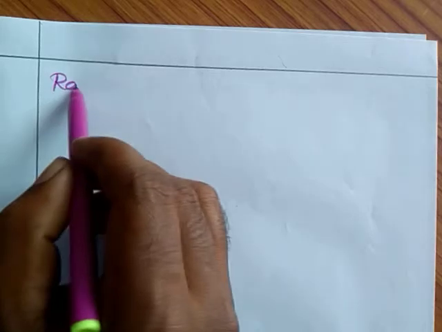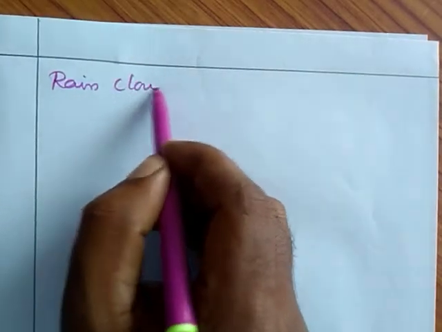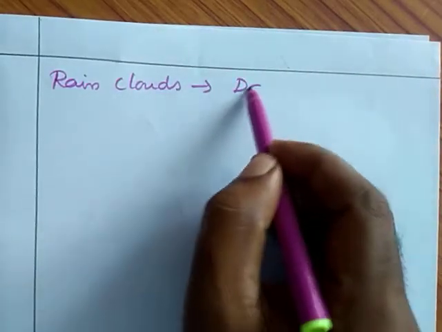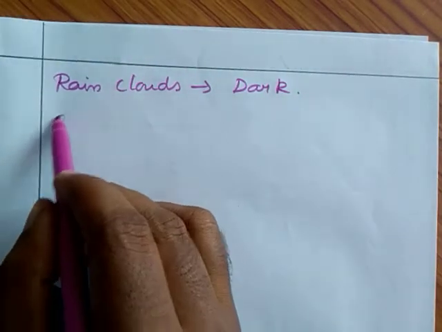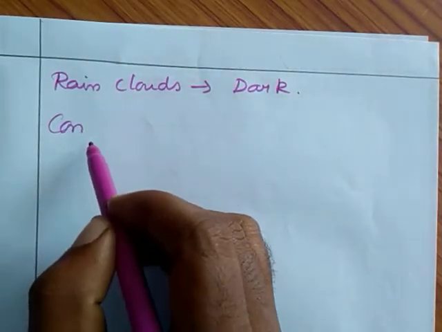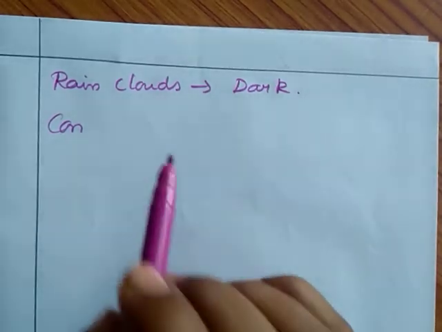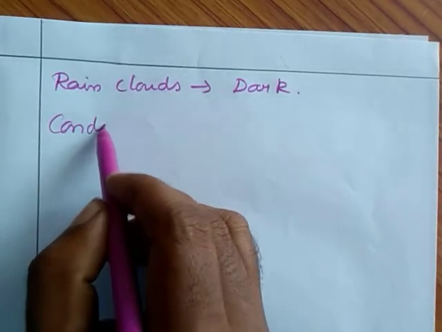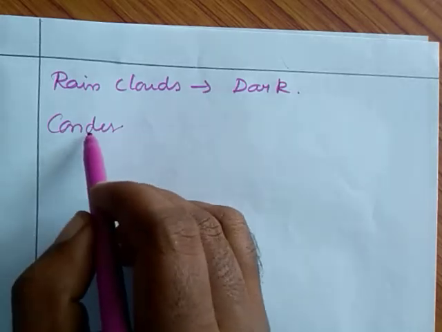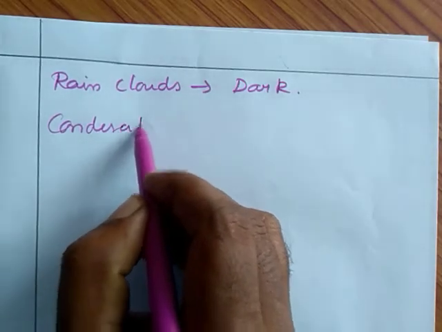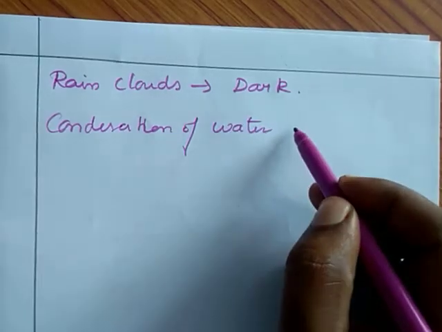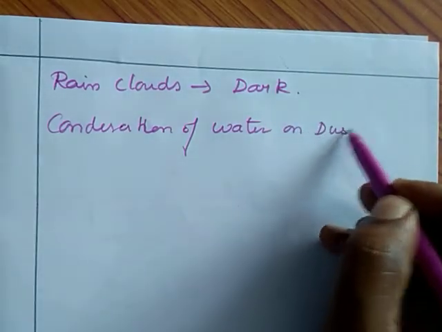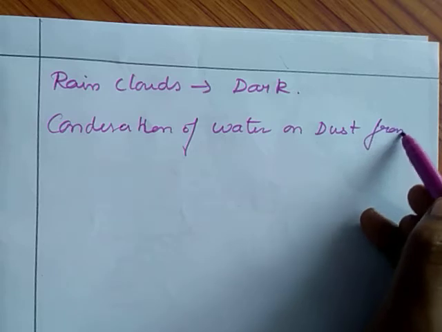But one more thing: rain clouds are dark in color. That is because of the condensation of water vapor into water droplets on dust particles.